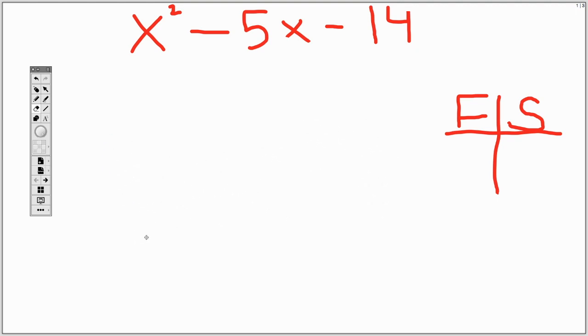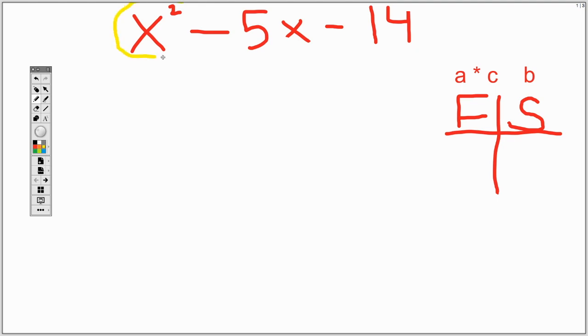So you can see that I've written a chart here with factor, F representing factor, and S representing sum. With factor, we do A times C, and with sum, it's just our B. So we need to discover what our A is, what our B is, what our C is, because this won't make any sense if we don't.